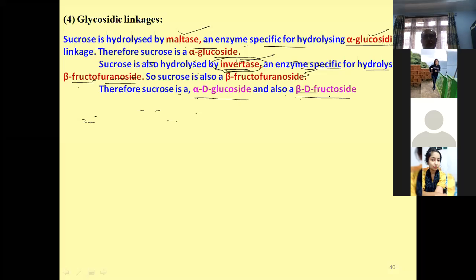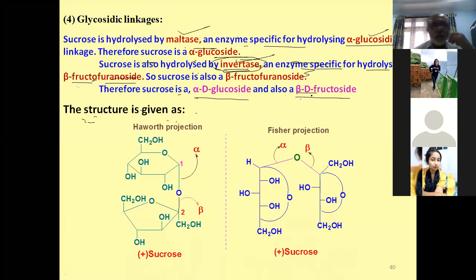Now the structure is clear. You have to link these two molecules together from C1 of glucose to C2 of fructose, but through alpha glucoside and beta fructoside. So the structure is given as this one.